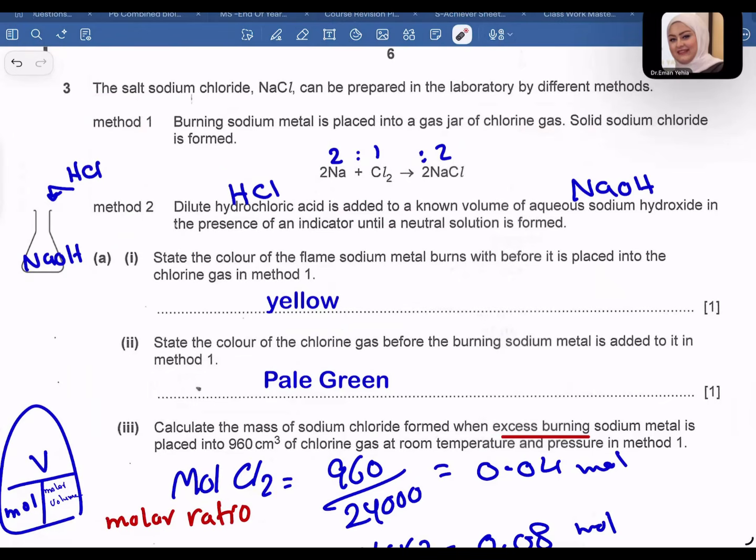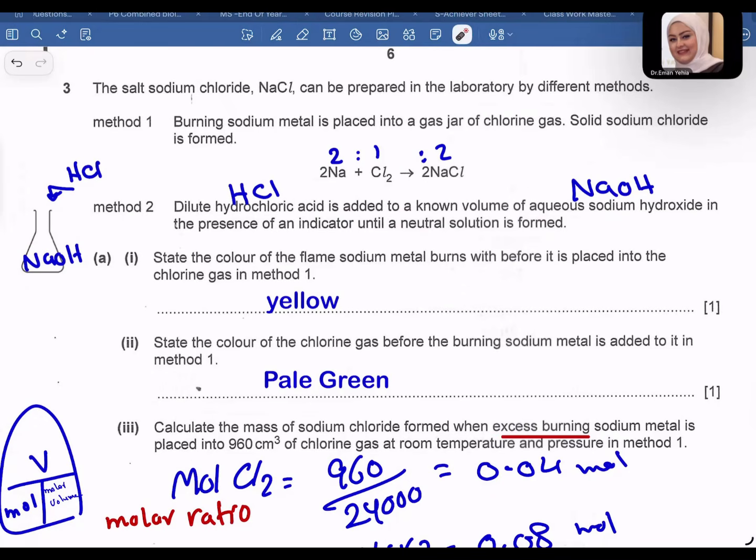Method number 2, dilute hydrochloric acid is added to a known volume of aqueous sodium hydroxide with an indicator until a neutral solution is formed. You have to draw a small figure just to show which reagent is stored in the flask and which one is added.